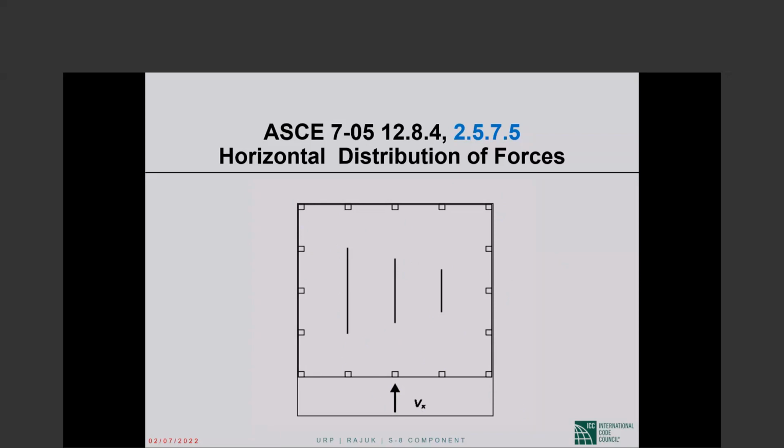The answer is in proportion to the relative lateral rigidities of the seismic force resisting elements.